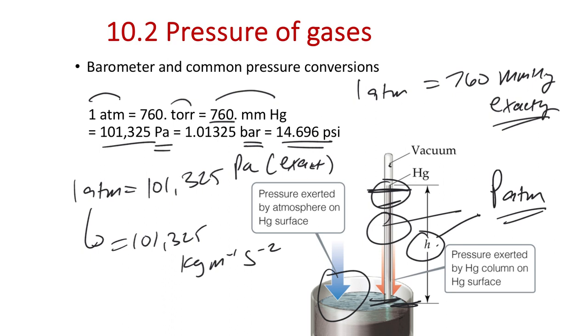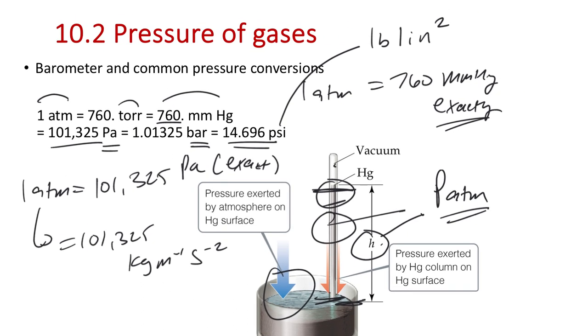But 1 ATM is equal to 14.696 pounds per square inch. So PSI, pounds per square inch.